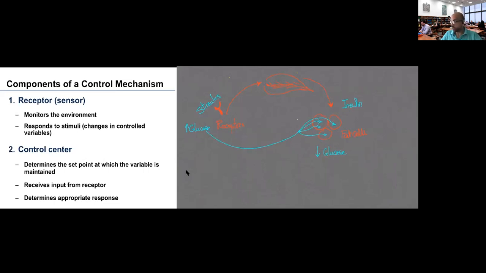All right, so for the activity for today, we've already addressed question 1. So please complete here this diagram. The components of a control mechanism.